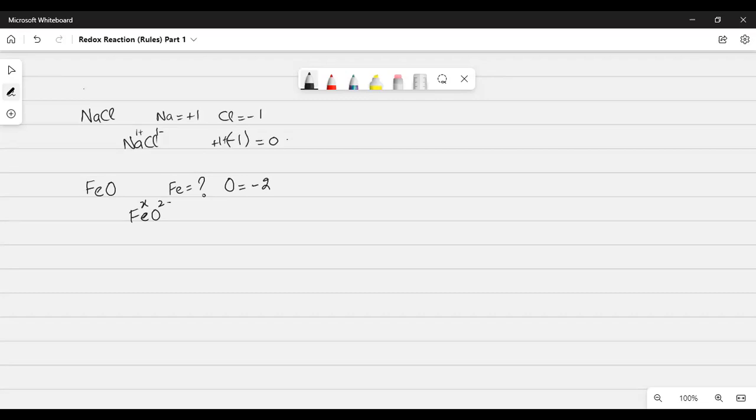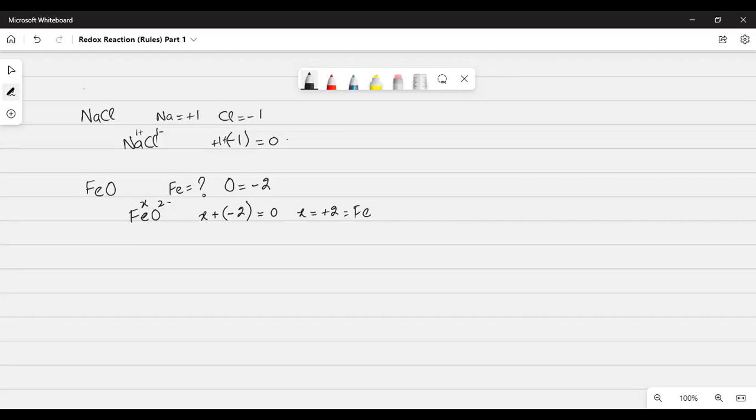You can put it as x, you can put it as Fe. It's entirely up to you which variable you use. So x added to minus 2 charge is equal to 0. This proves x is equal to plus 2, and that means Fe is equal to plus 2. There you go. You've got your answer.